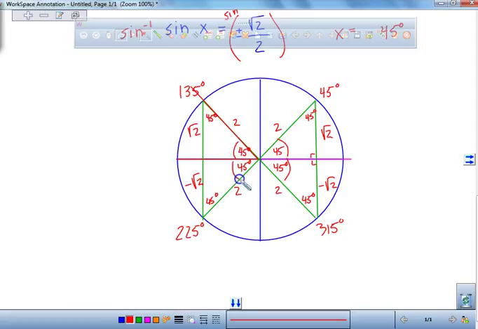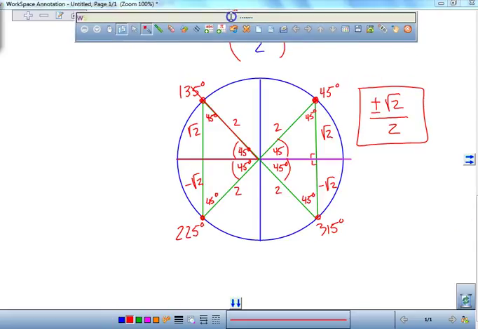So when you guys are dealing with the unit circle, all of these points right here, these are all plus or minus radical 2 over 2. So we have 4 different places on the unit circle that could be a plus or a minus radical 2 over 2.